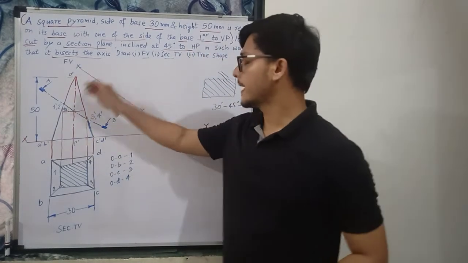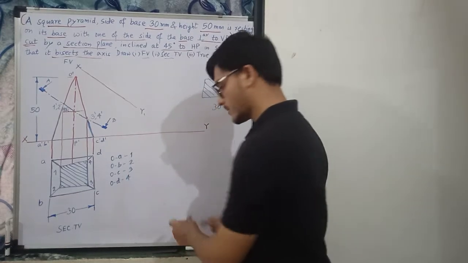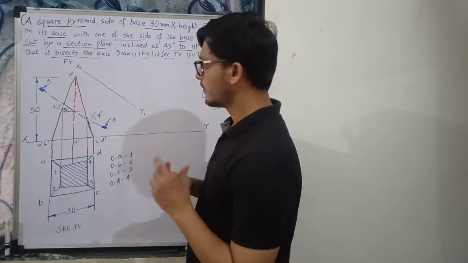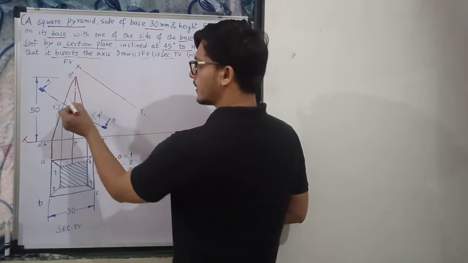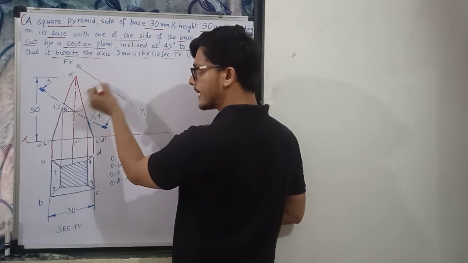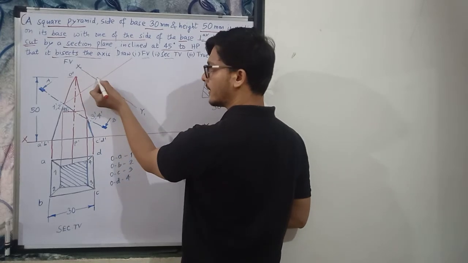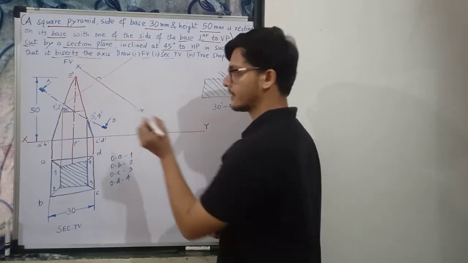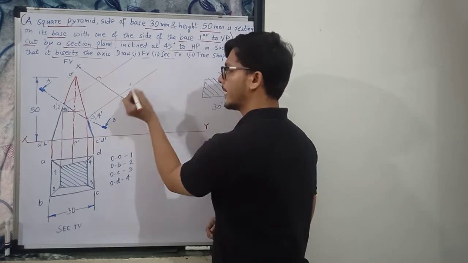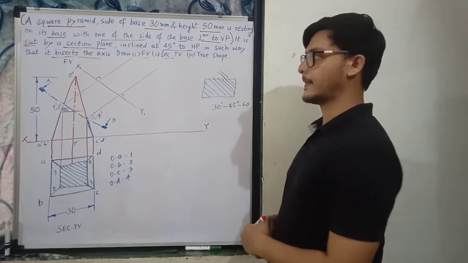So this line will be parallel to the cutting line. Now what you have to do, take your rounder, you have to mark 4 distances to get the true shape. Before that, 1 and 2 dash, project this at 90 degrees, perpendicular. It should go perpendicular to the x1 y1 line. Similarly 3 dash 4 dash, इसको extend करो and it should also be perpendicular to the x1 y1 line.